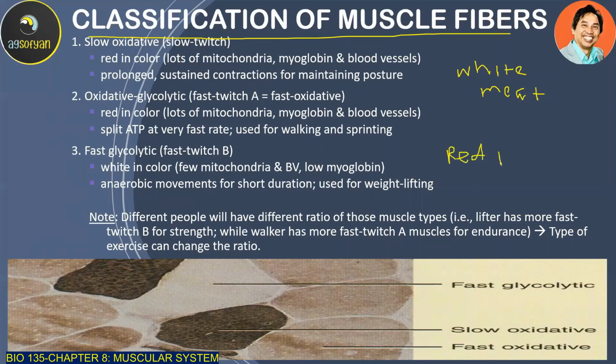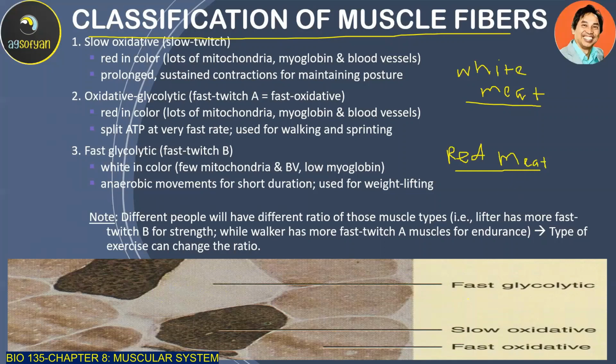When we compare chicken and beef, cow, the red meat is cow, right? And the white meat is chicken. That's correct. Now, if we compare this white meat and red meat, then we will be able to see what really happens with the muscles.